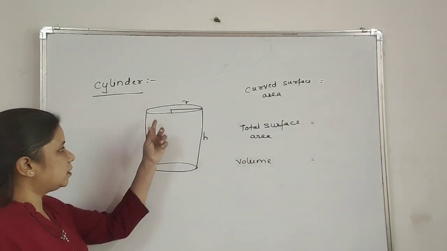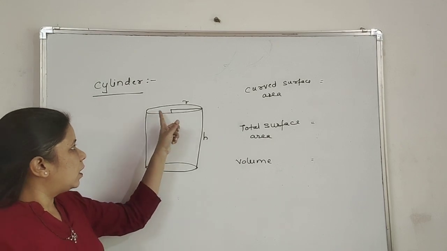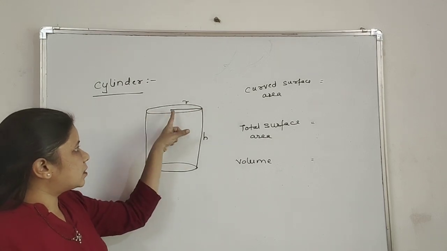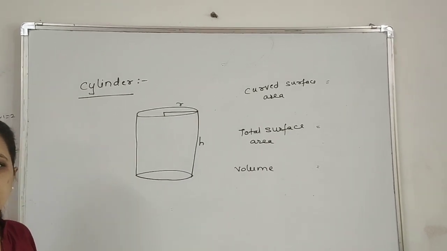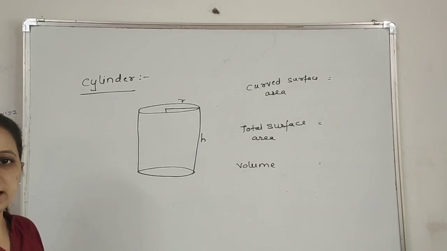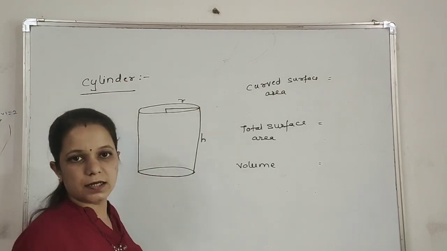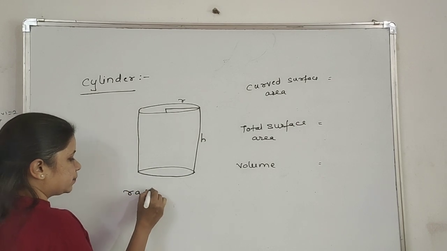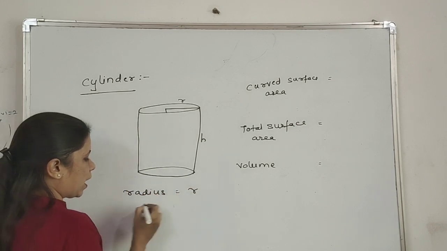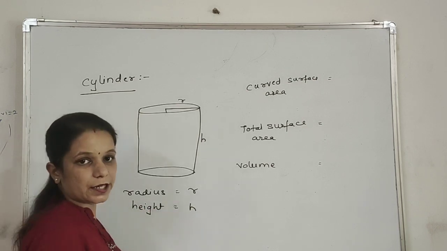So here this is the picture of a cylinder. This circular face, we will take this as the radius of the cylinder, that is r, and this will be the height of the cylinder, that is h. So here I will say radius is equal to r, height is equal to h.